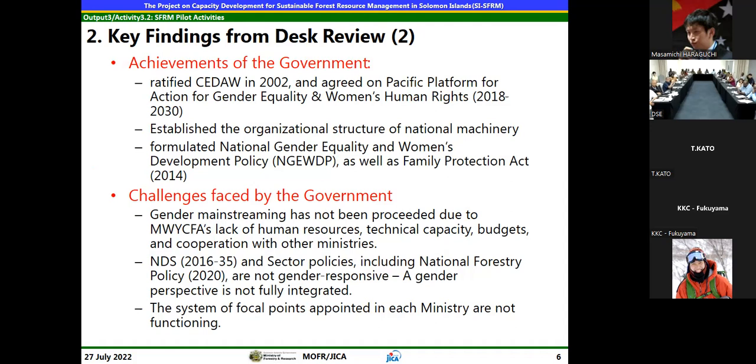We also have a good established structure for women, like the National Council of Women and Women's Rights, and others. We have a good policy as well. But one thing missing in that good policy is a focus on natural resources, including forestry. So that's one of the weaknesses.